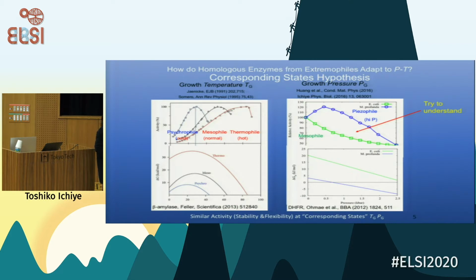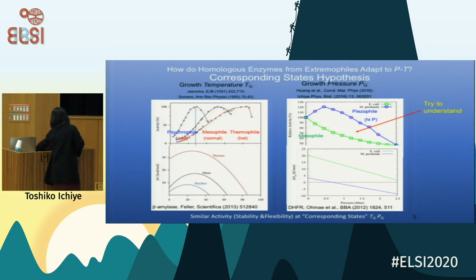So it is more stable to pressure unfolding. Why does that happen? Well, actually, this particular piezophile lives at 0.25 kilobar. So it doesn't care that it unfolds at 0.7 kilobar, because it never gets there.